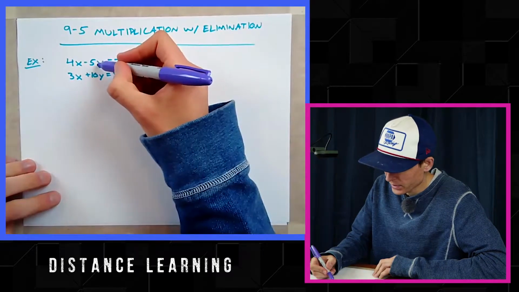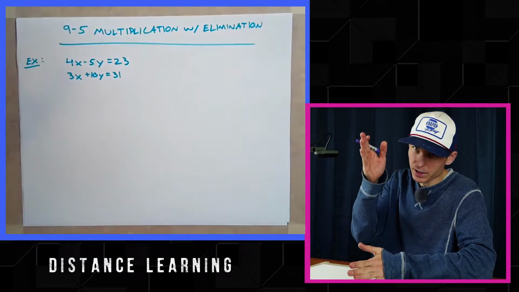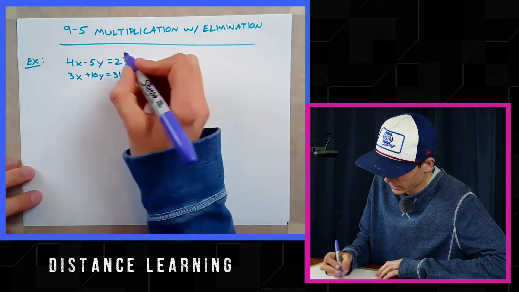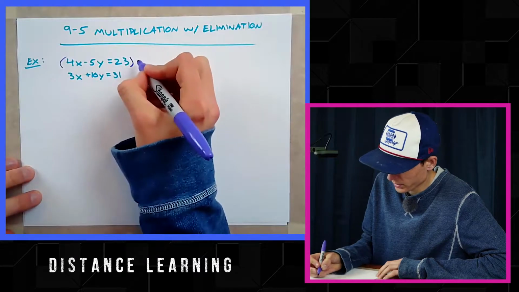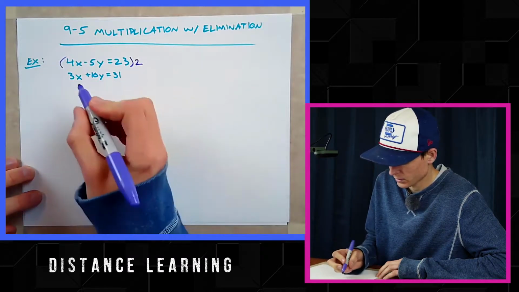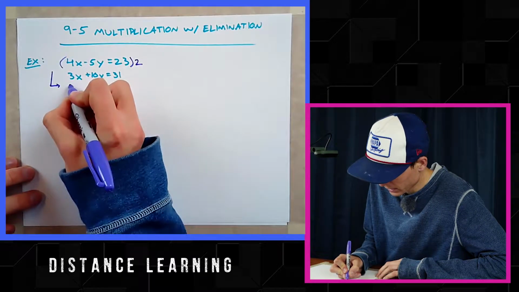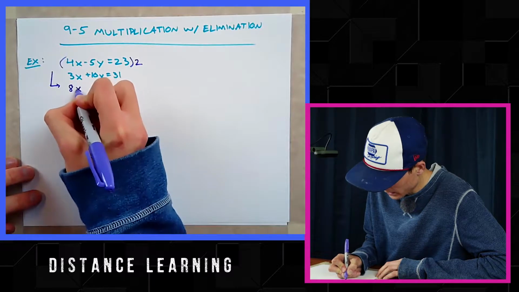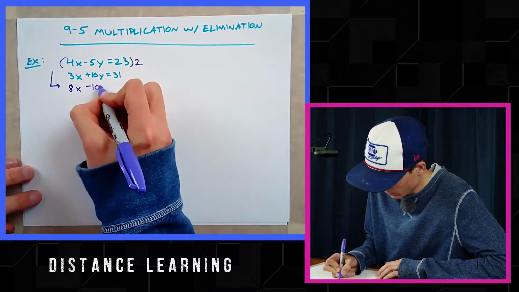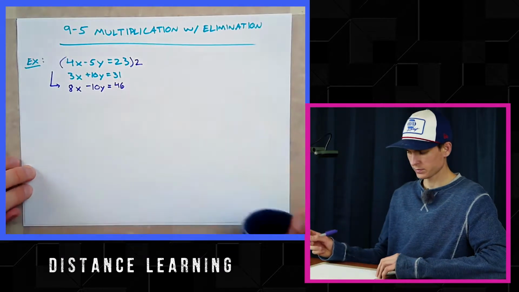If I could make this one turn into a negative 10y, then I could add them and they would eliminate. So I'm going to multiply this whole equation by 2. The new equation is 8x minus 10y equals 46.